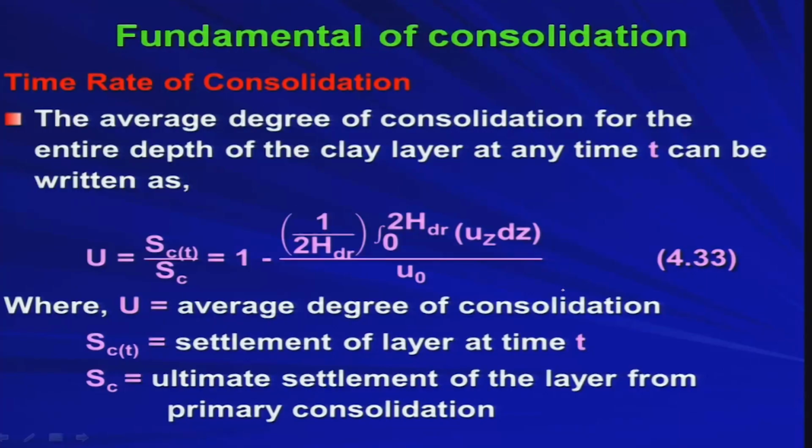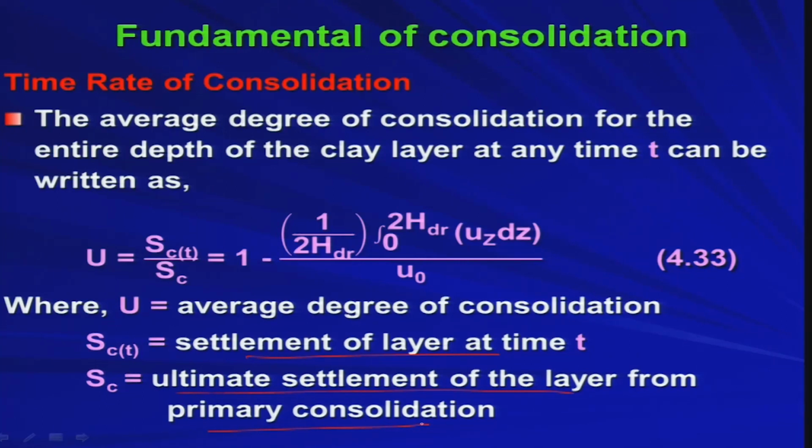The average degree of consolidation for the entire depth of the clay layer at any time t can be written as U equal to Sct divided by Sc. What is Sct? Sct is nothing but the settlement of the layer at time t, and Sc is the ultimate settlement of the layer from primary consolidation. Am I right?